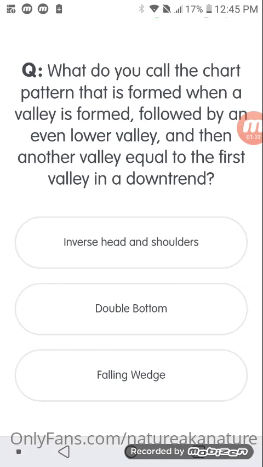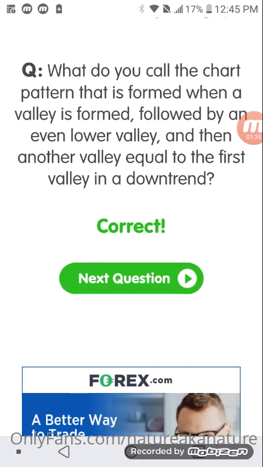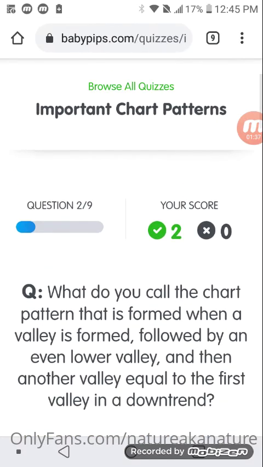It's called an inverse head and shoulders. It's a reversal of a downtrend, found during a downtrend. Okay, it's called an inverse head and shoulders.